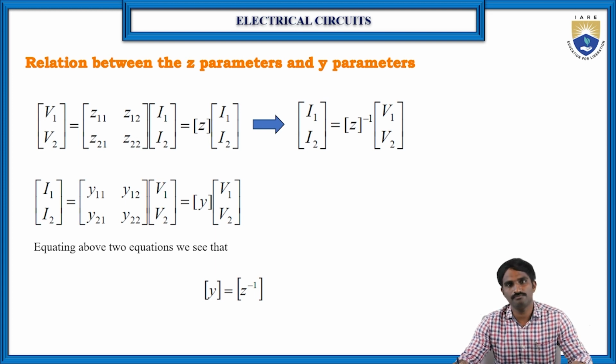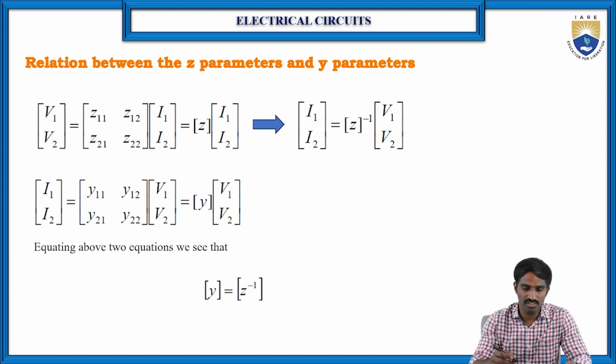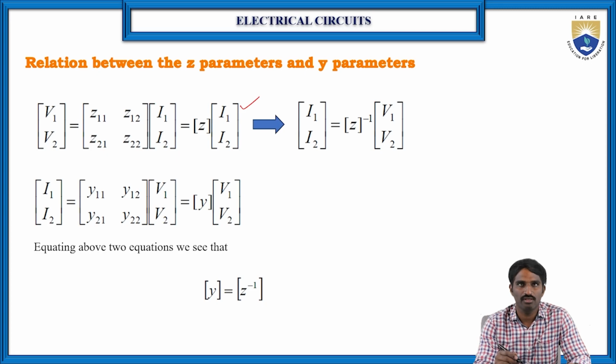So first let us write the equation. This equation indicates the Z parameter equation: V1 is equal to Z11 I1 plus Z12 I2, and similarly V2 is equal to Z21 I1 plus Z22 I2.